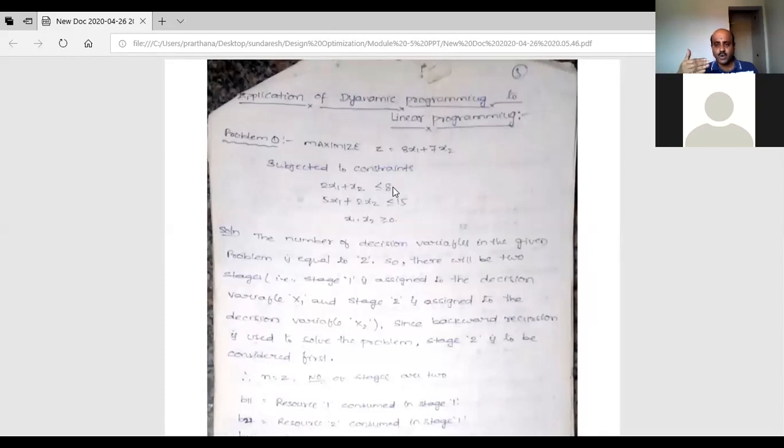This is the procedure you are supposed to remember and follow. So in the recursive function f1, B11 is assigned the value 8, whereas B21 is assigned the value 15, because stage 1 is the last in the recursive optimization group here.